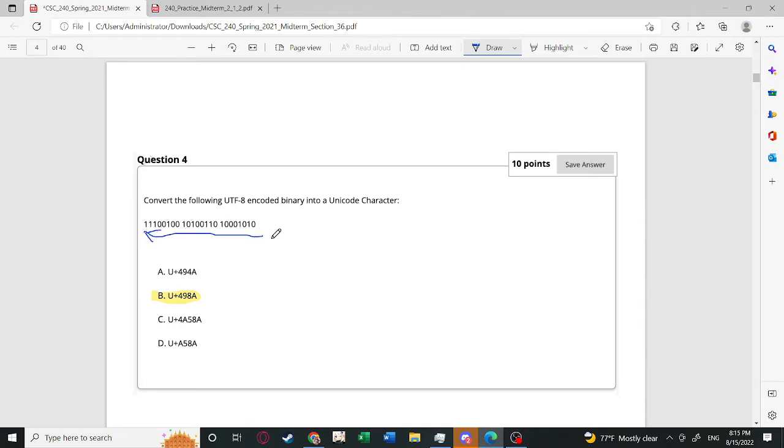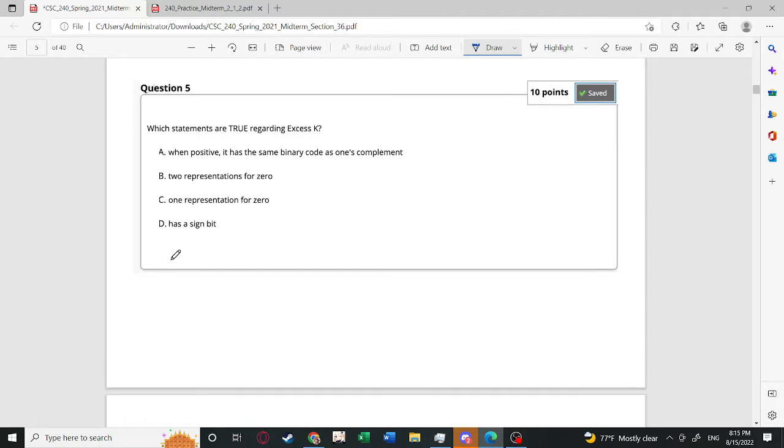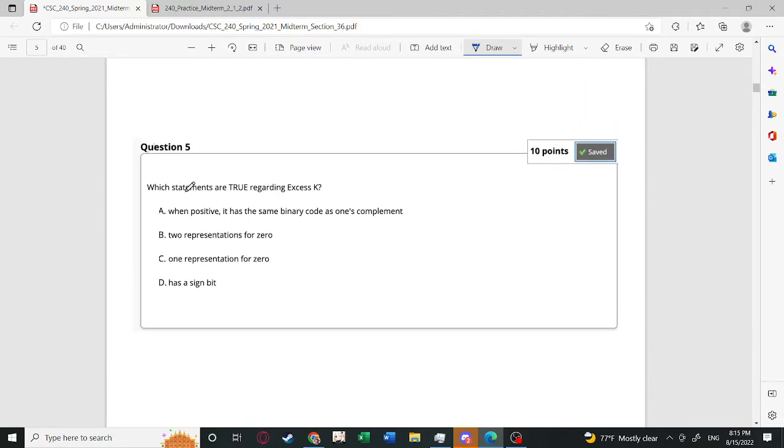3 this way, and number 2 separate from each 4 numbers. Which statements are regarding access K? So when positive, it has the same binary code as 1's complement.